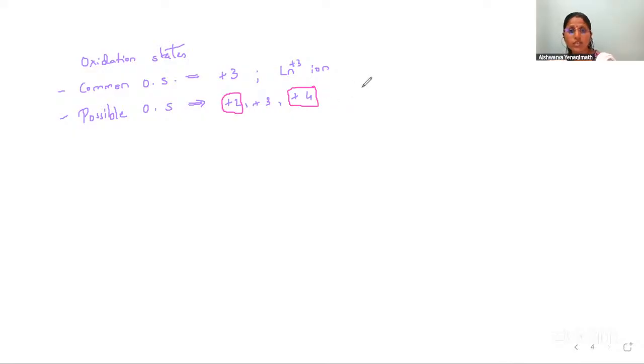If +3 is common, why do you sometimes get +2 and +4? The answer lies in the electronic configuration of those particular elements and ions. Let us try to understand this.